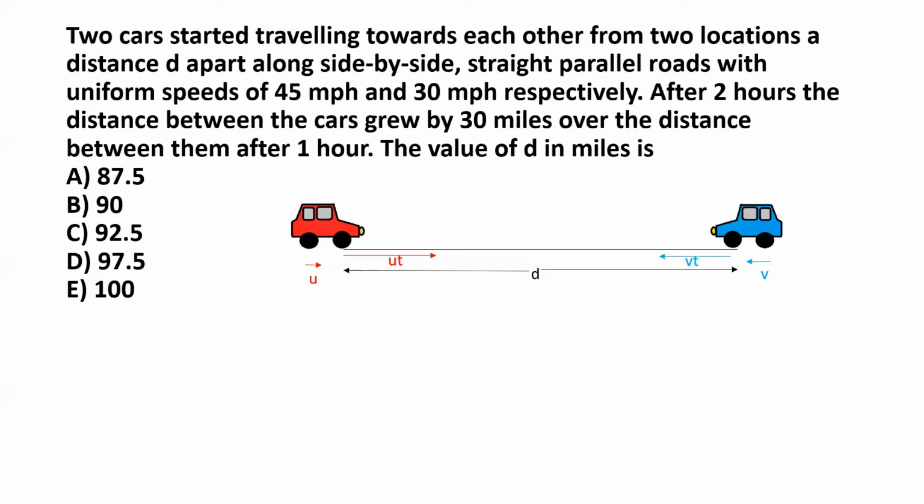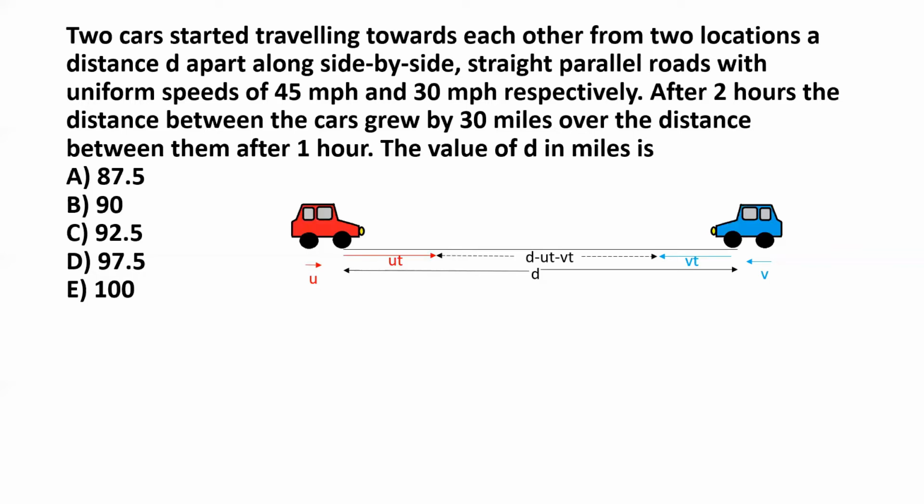So after a time t, meaning a time t after their start, which I've assumed is simultaneous, and assuming this is before they cross each other, the distance between the cars would be d minus ut minus vt.